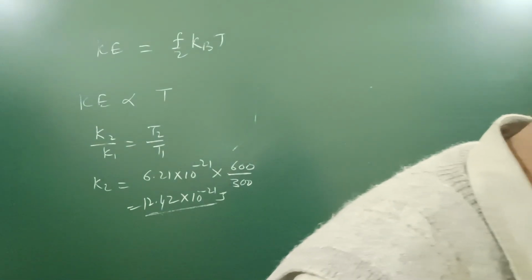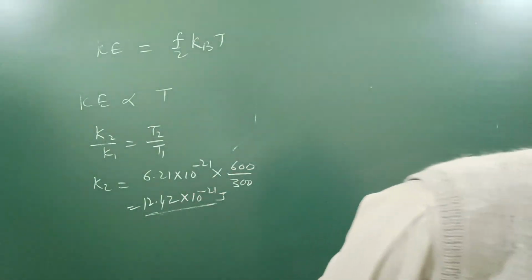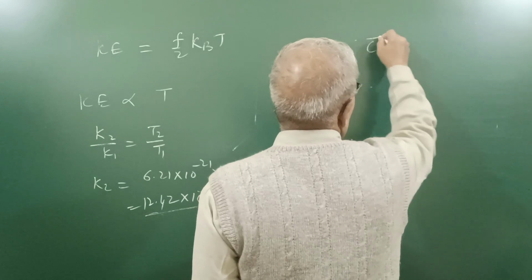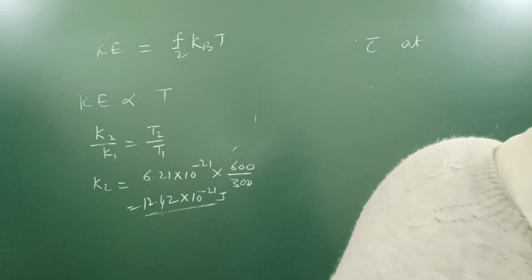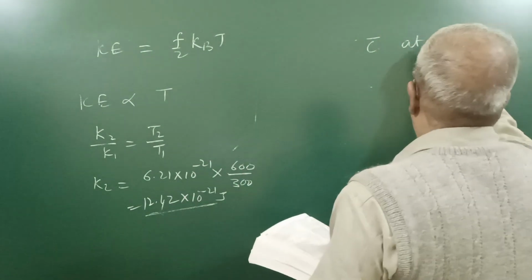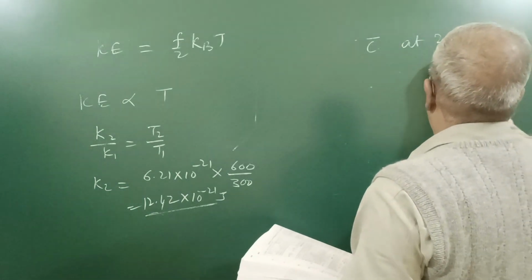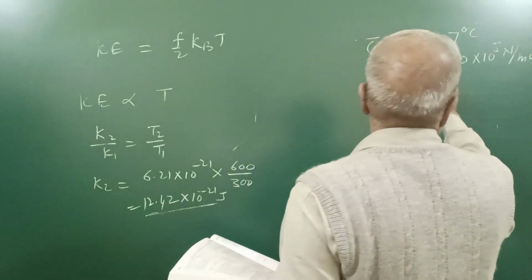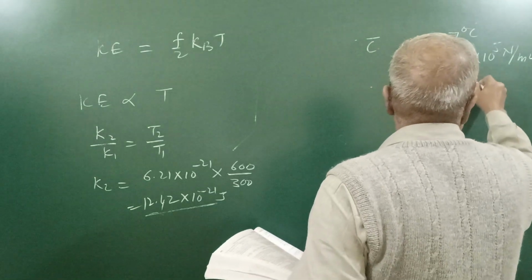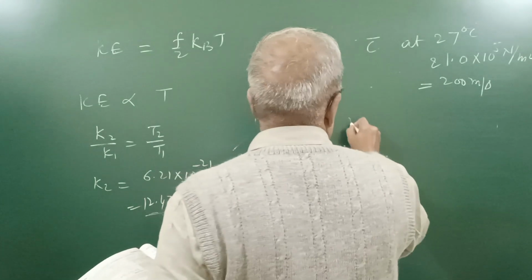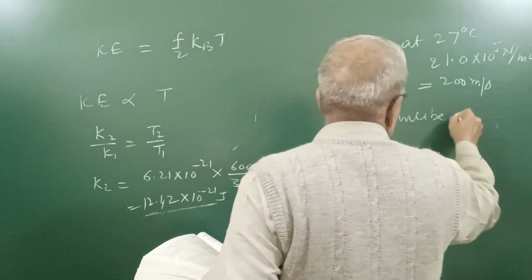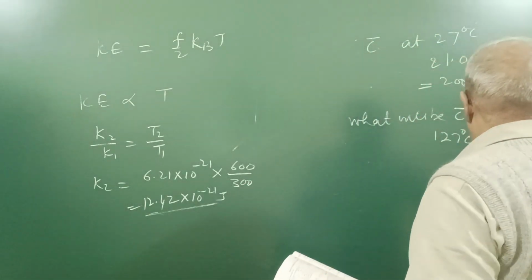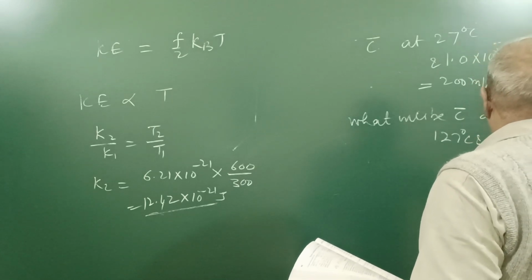The molecules of a given mass of gas have RMS velocity 200 meter per second at 27 degrees centigrade and 1.00 into 10 to the power 5 Newton per meter square. Then what will be the value of C bar at 127 degrees centigrade and 0.05 into 10 to the power 5 Newton per meter square?